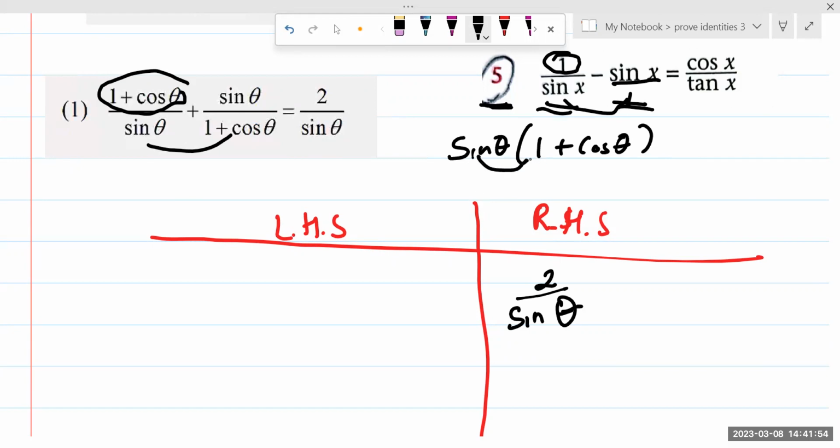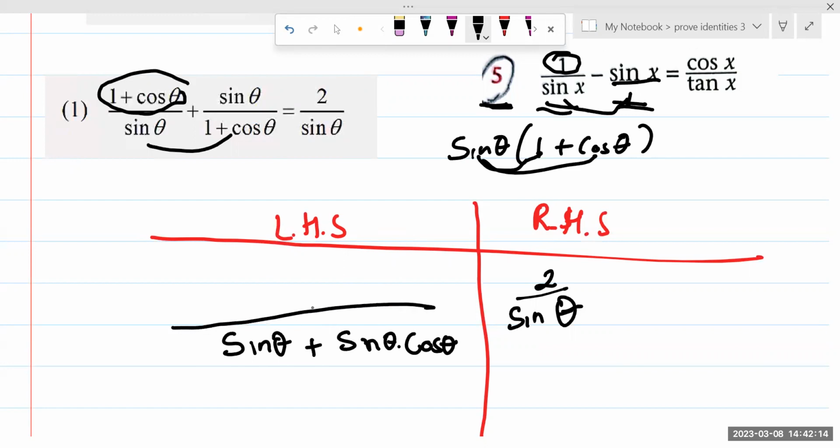So what are you going to have here? This one multiplied by this one? Sine of theta. And if you say this one multiplied by this one? Sine theta plus sine theta multiplied by cos theta, all over.